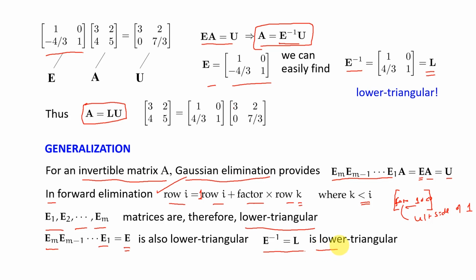But why is it so? I will answer this question shortly. So if E inverse is lower triangular, this E inverse EA equals U now gives us A equals L into U. So now we have decomposed A into L and U. So if we can do Gaussian elimination for Ax equal to B, we should be able to do LU decomposition of an Ax equal to B type system.